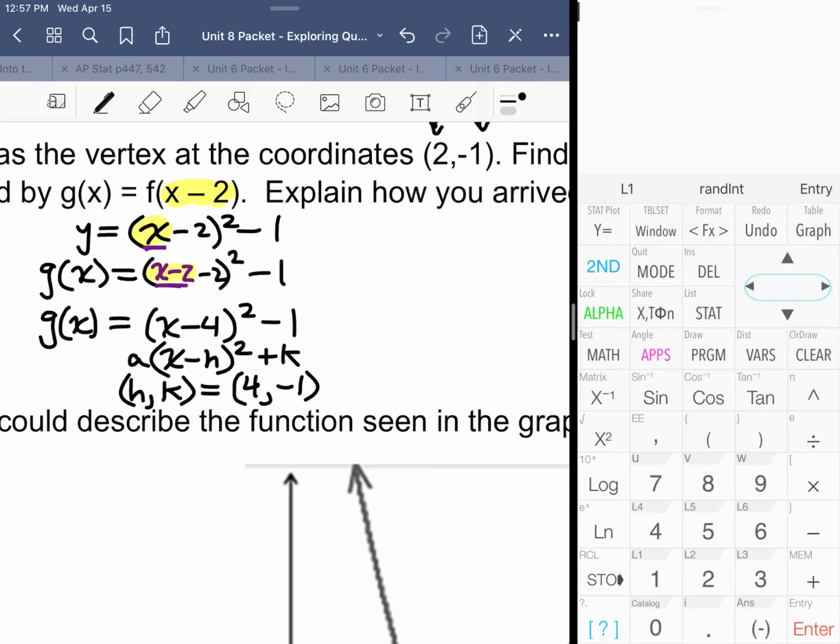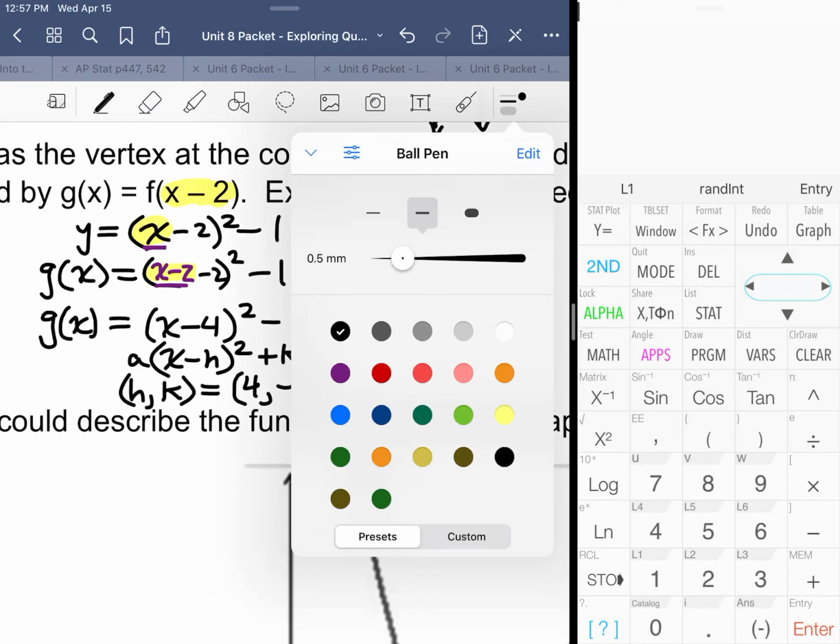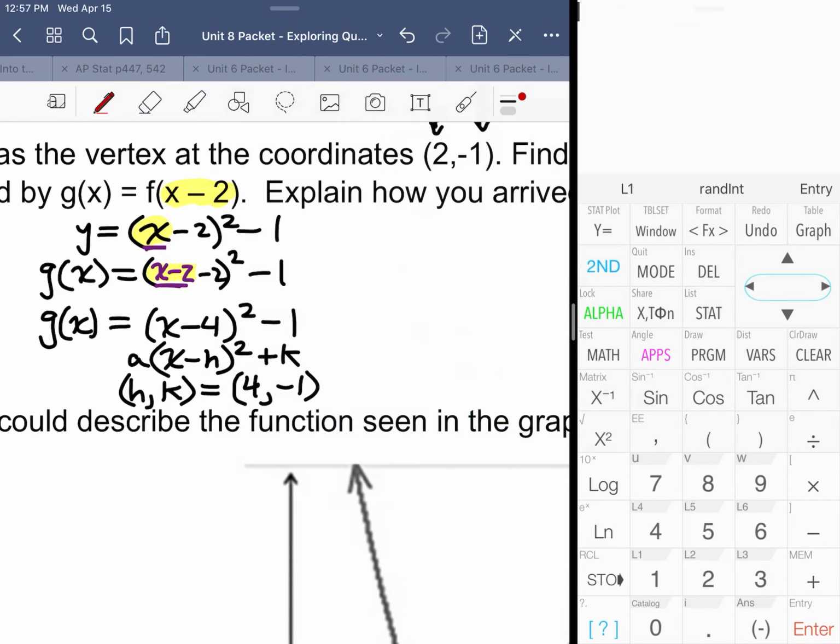All right, because the only way I'm going to get a 4 in that equation is if I replace the h itself with a 4. And the only way I'm going to get a -1 is if I replace the k with a -1.